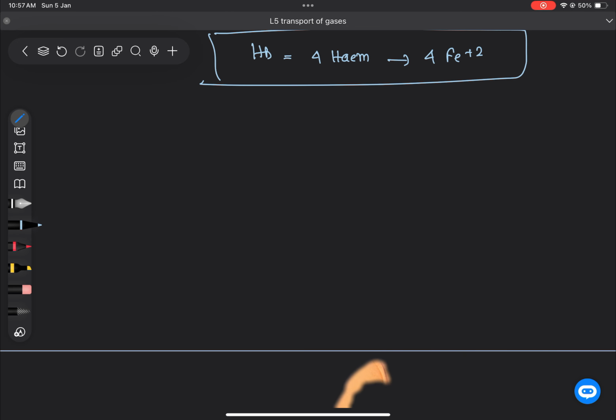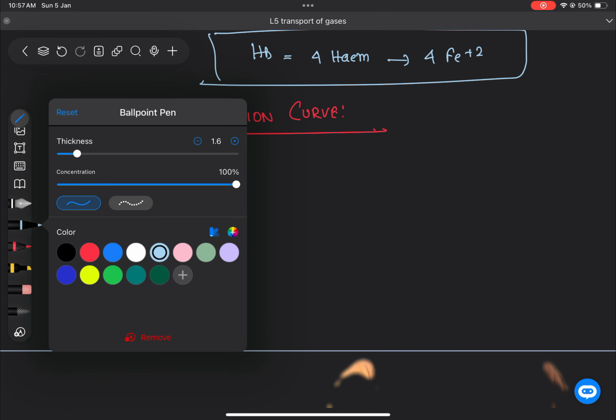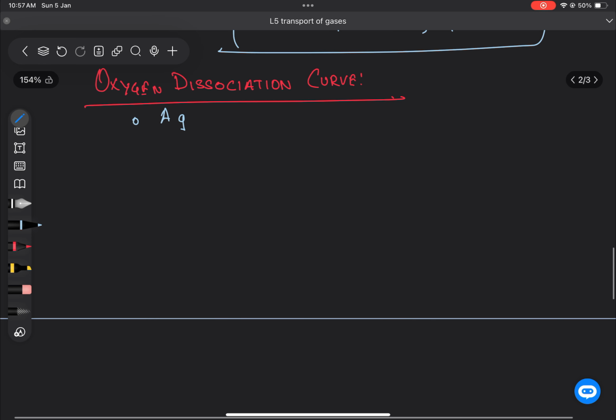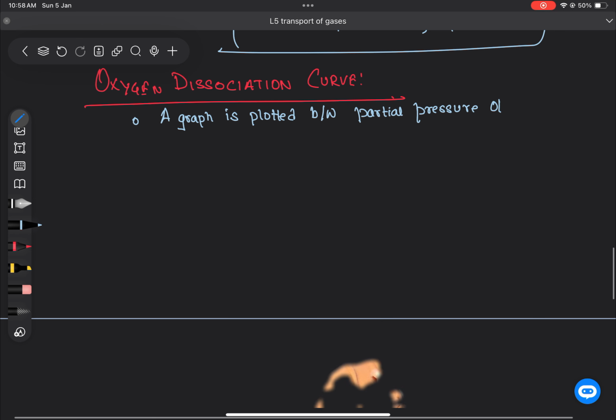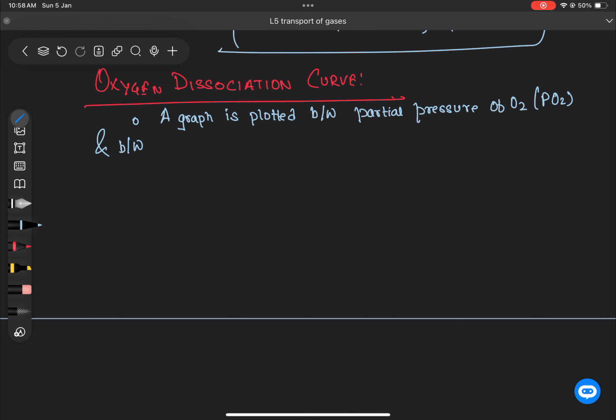The oxygen dissociation curve is a graph plotted between the partial pressure of oxygen, PO2, and the saturation of hemoglobin with O2.